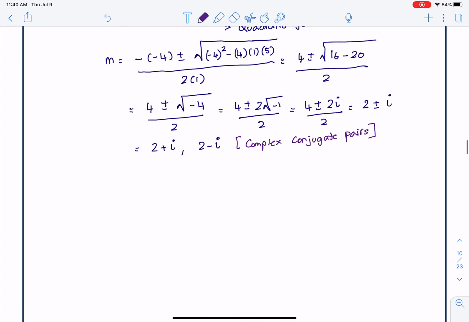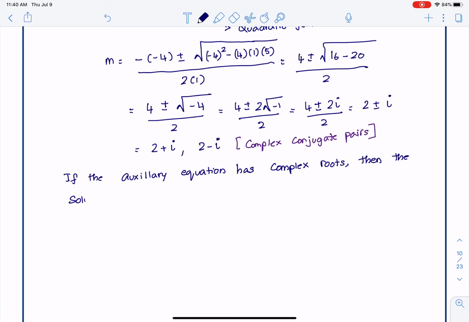So what do we know? We know if we have complex roots, then the solution is y equals e raised alpha x multiplied by c1 cosine beta x plus c2 sine beta x.